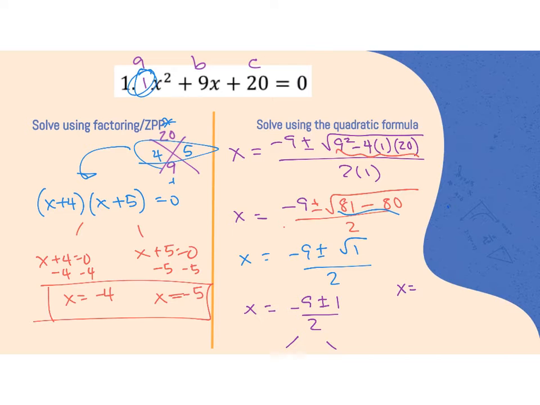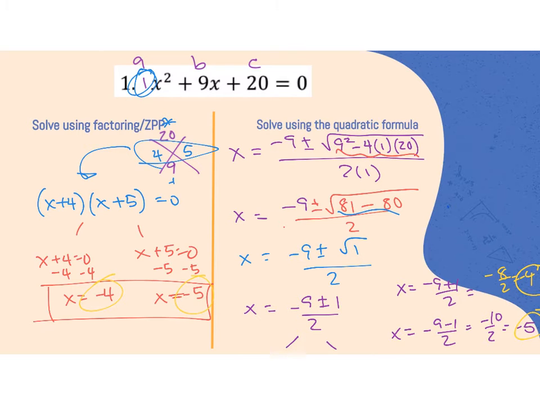That's x equals negative 9 plus 1 over 2, which is negative 8 over 2, which is negative 4. And then I also can split that into x equals negative 9 minus 1 over 2, which is negative 10 over 2, which is negative 5. So if you take a look at your 2 solutions, you get a negative 4 and a negative 5, which is the same thing you got by factoring.